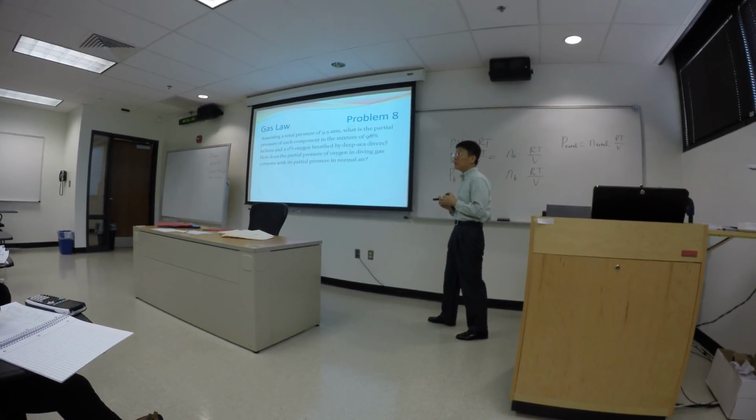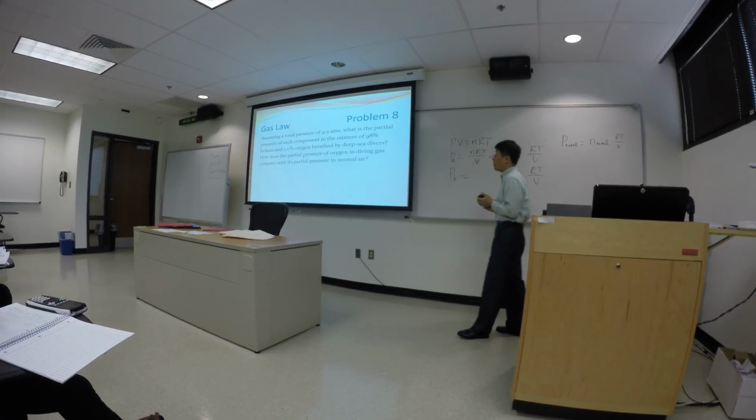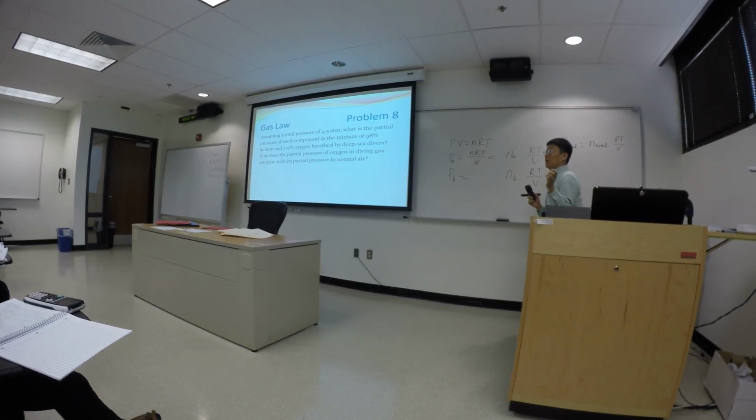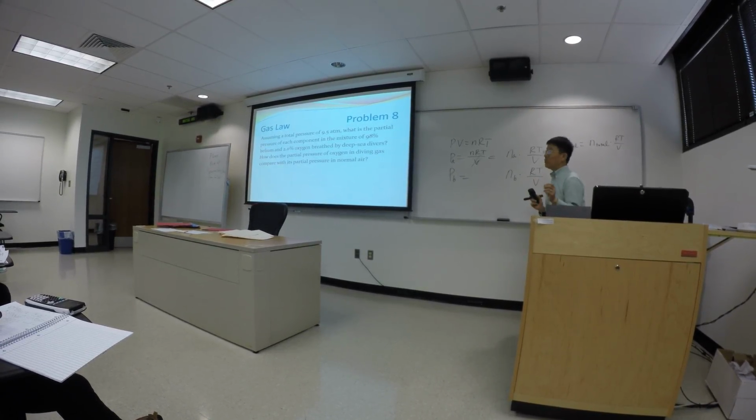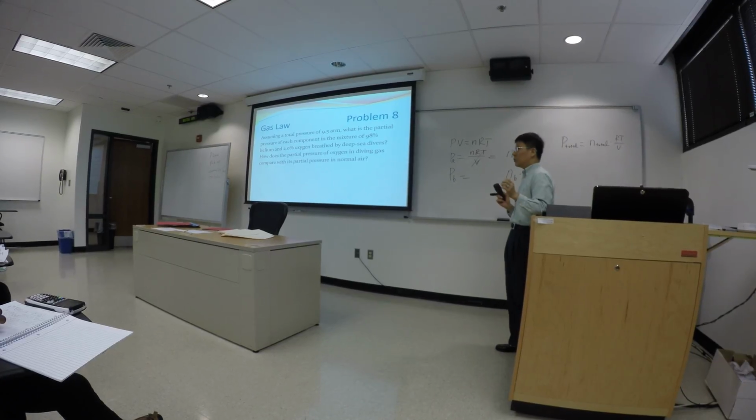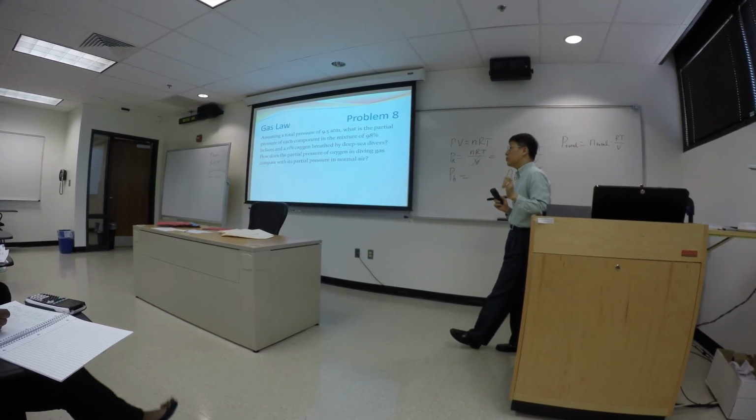Too much oxygen is actually toxic. So the mixture of the gases in your pressurized tank when you go scuba diving is actually 98% helium, 2% oxygen. Only 2% oxygen.